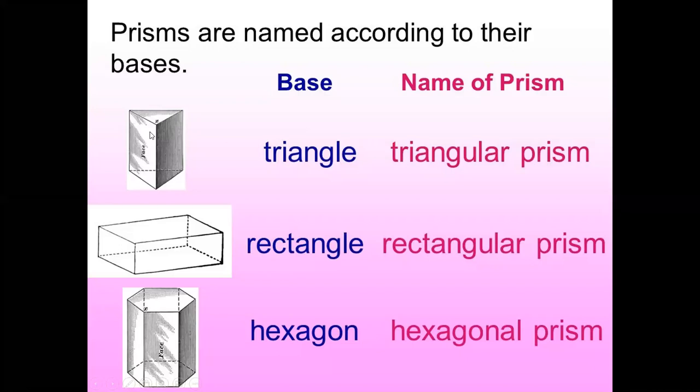If the base is a triangle like this one, it will be a triangular prism. If the base is a rectangle, it will be a rectangular prism. If the base is a hexagon, it will be a hexagonal prism. If the base is a pentagon, a pentagonal prism. If the base is an octagon, an octagonal prism. In this way.